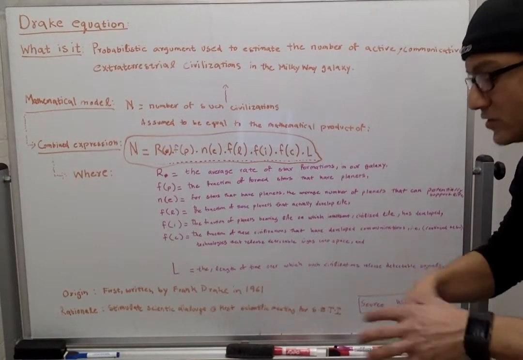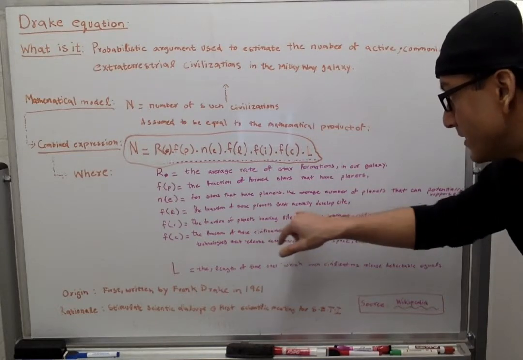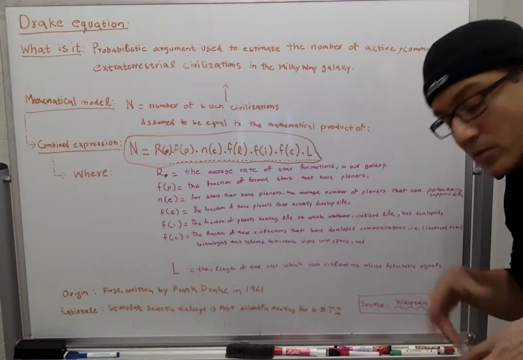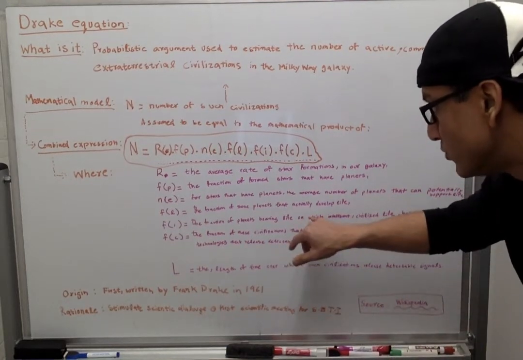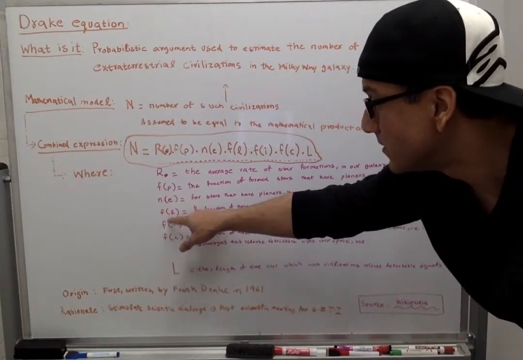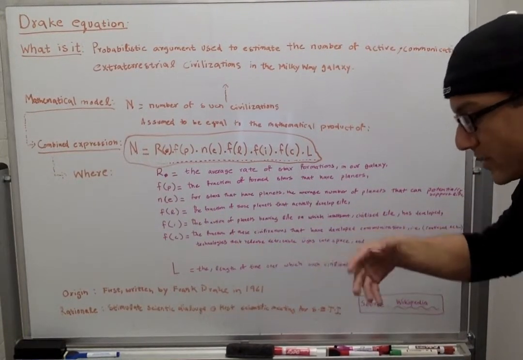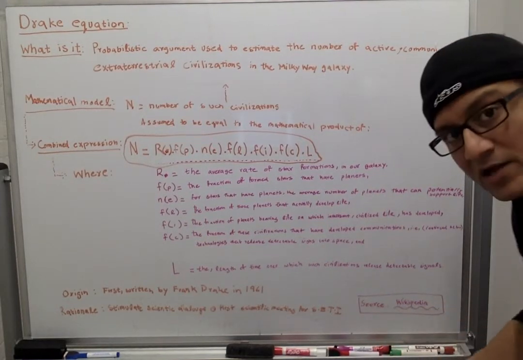There may be the right kind of conditions to support life, but even though those conditions may exist, the probability that life actually evolves is codified in this next section. The right ingredients have to come together in order to develop life.